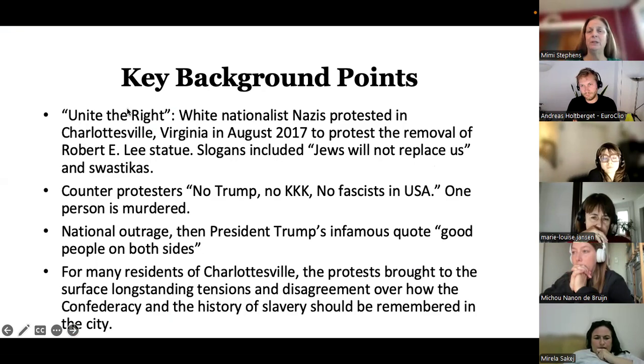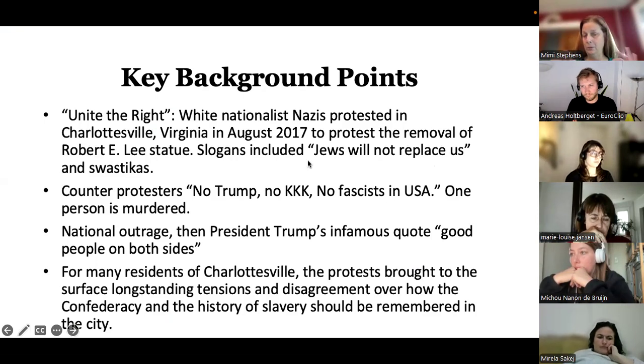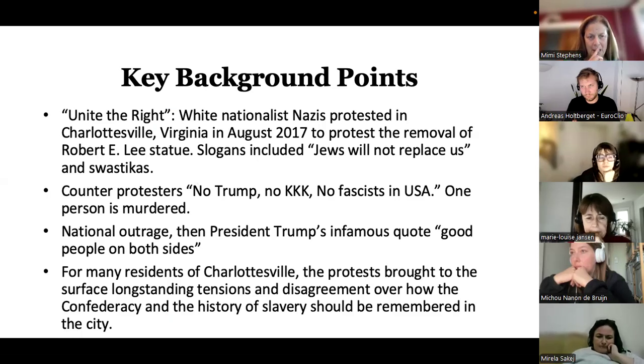It was called Unite the Right, and that protest came about because of the discussions about the removal of the Robert E. Lee statue. Some of the slogans heard there were "Jews will not replace us," and they used swastikas. I find it very difficult even to talk about this period. That was their demonstration.